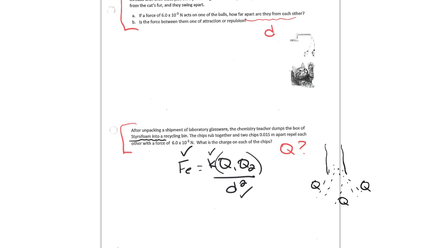You might say, well, how did they even become charged? As they go pouring out of their container, that's friction. And so the answer to how do we solve for two unknowns is we don't. We're just going to call it Q squared, and you'll plug in your K, your F, and your distance squared.